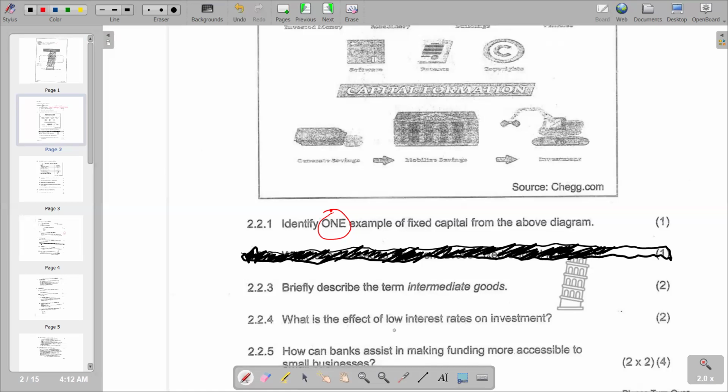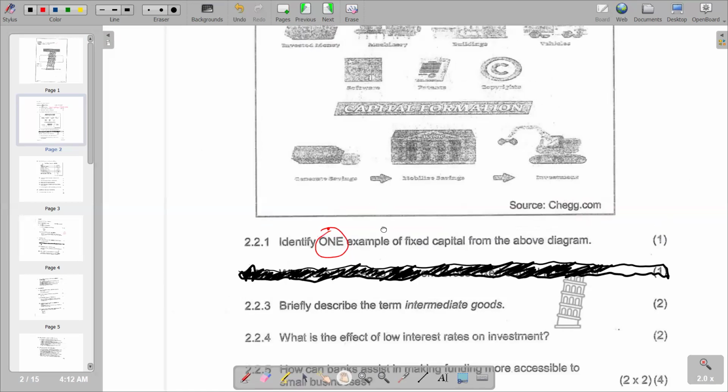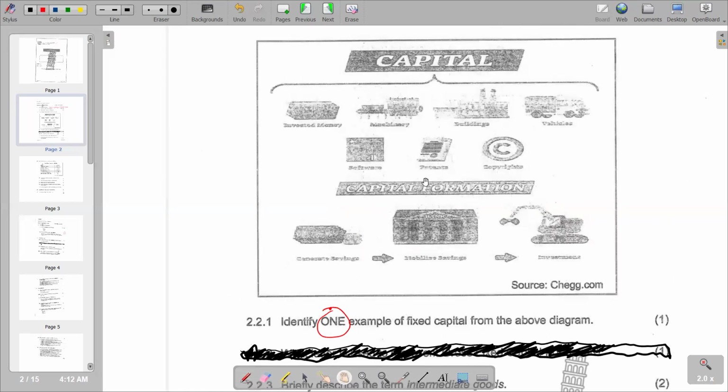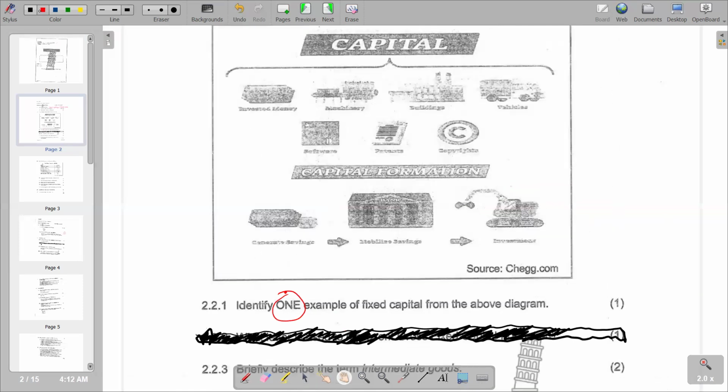According to the information on the diagram, although it's not visible, you would see that we have machinery shown here. We also have vehicles indicated here, showing examples of fixed capital. So we are saying machinery.